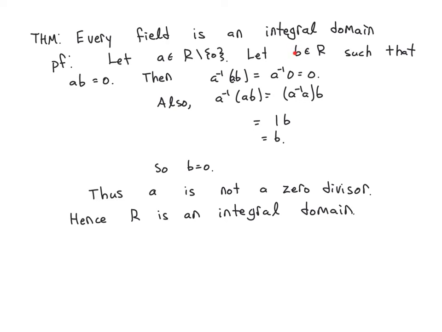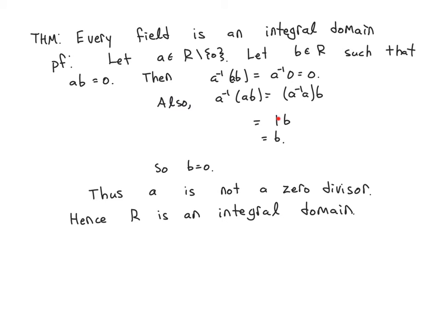So let B be in R and suppose AB equals 0. Well, since A is not 0, A has a multiplicative inverse, so we can multiply both sides on the left by A inverse. And A inverse times 0 is still 0. Multiplication is associative, so we can move the parentheses over.